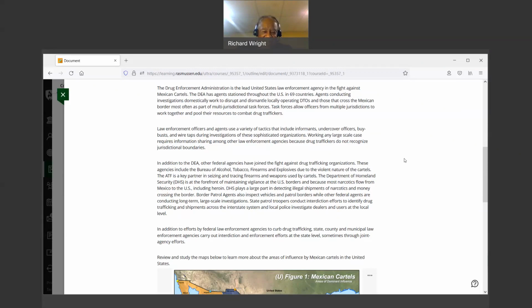The DHS, the Department of Homeland Security, which came along after September the 11th, is another agency involved in patrolling the borders and attempting to stop the narcotics and money from crossing the border.